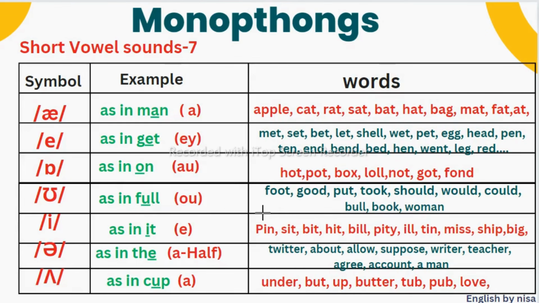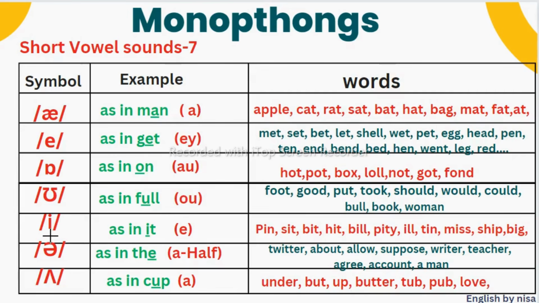If the word produces the oo sound, then it's this symbol. Like in foot, we don't pronounce it like food, we pronounce it like foot. Good, put, took, should, would. Here you can see the difference between o as in on, and oo.